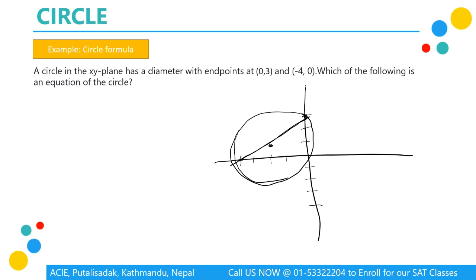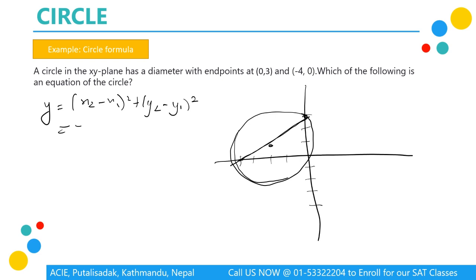Now, using the diameter, we can find the length of the radius itself, and we can use the distance formula that we have learned, which is the square root of (x2 minus x1) whole squared plus (y2 minus y1) whole squared, to find the length between any 2 points.